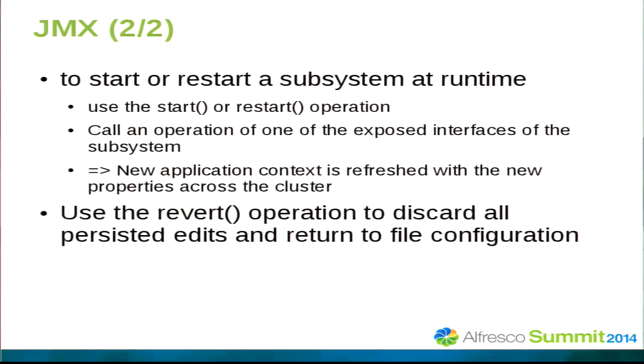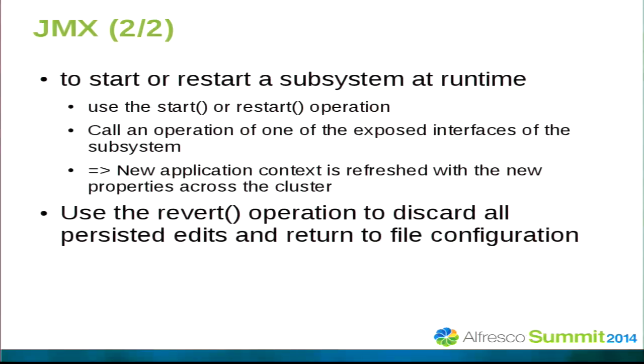One thing that is important about JMX is that everything that you do is persisted in the database. So, for example, if you have modified the FTP server in the JMX console, then even if you restart the repository, what you have done in the JMX console will take precedence.